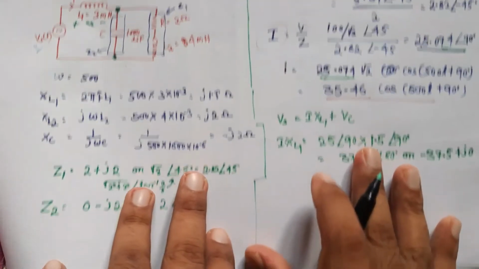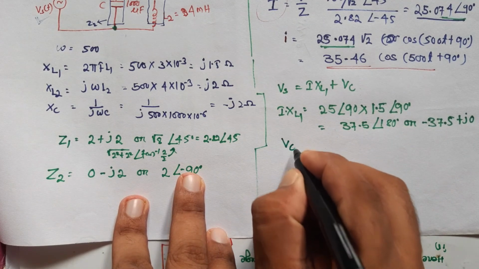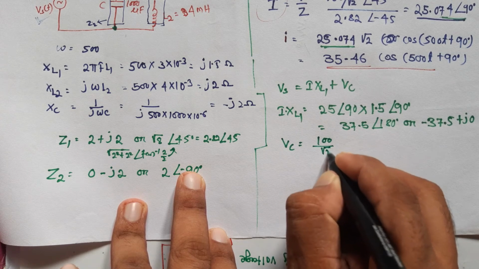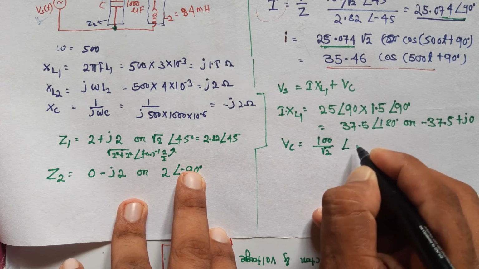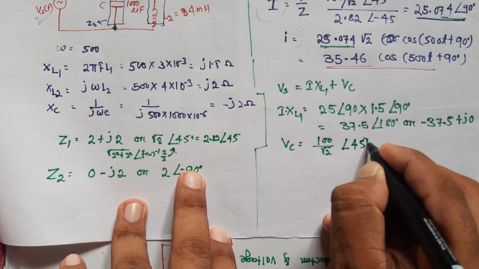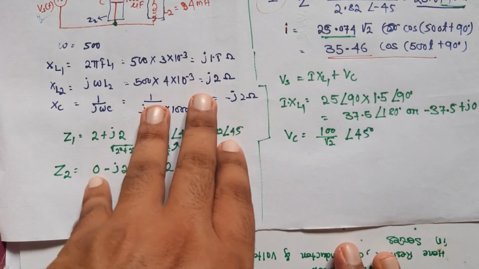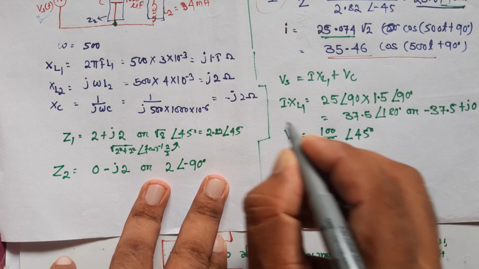Next we find VC. VC we already know, it is 100 by root 2, converted to RMS, angle 45 degrees. Next we find this VS value.